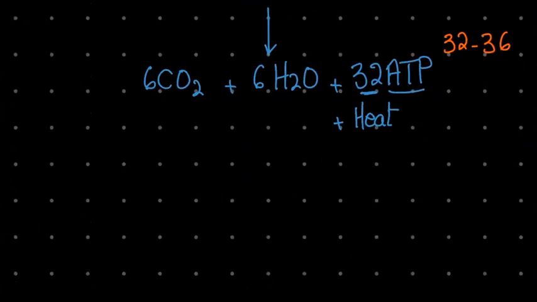Remember, in order for us to break down the glucose, it needs first to enter the cell. So if I have my glucose outside in the blood, here, this glucose needs to travel to the inside of the cell in order to be broken down.